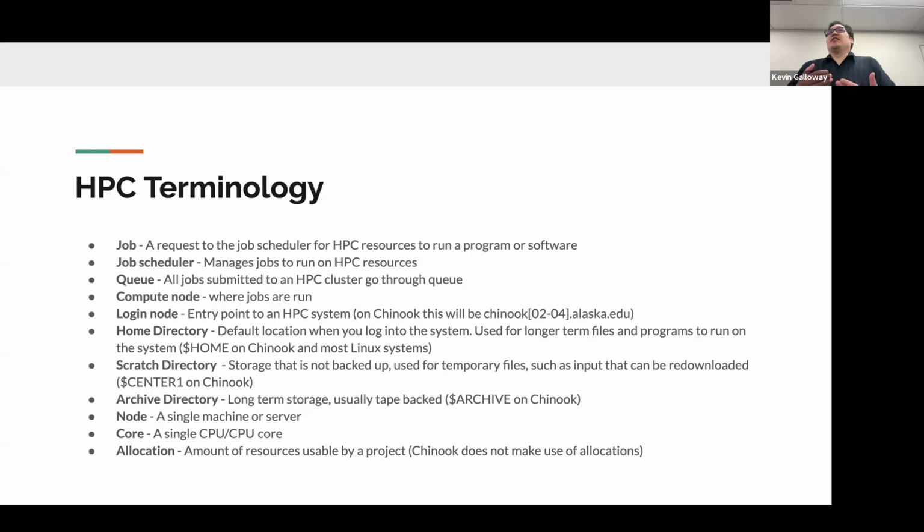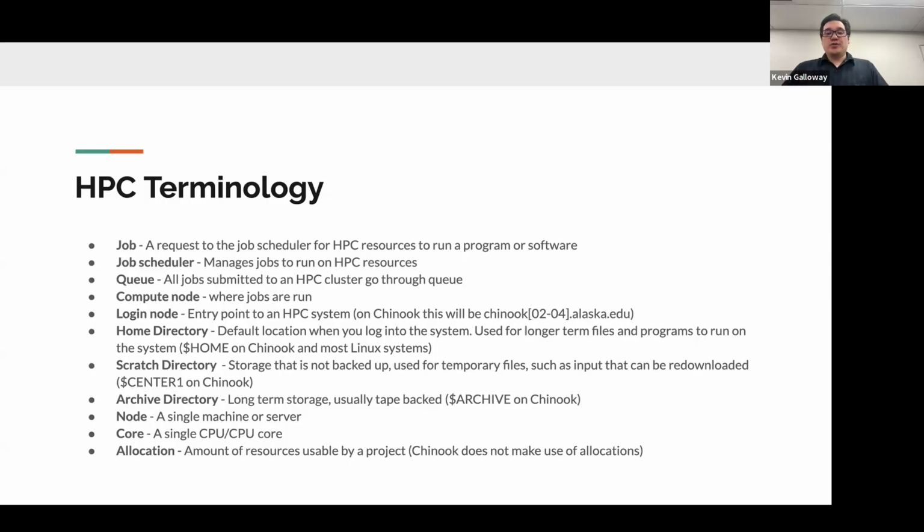This is basically a calculation that takes into account the number of CPUs, the number of GPUs, amount of memory, just the amount of resources that you're using. Each time you run your program, it will use some amount of core hours. And when you hit zero, you won't be able to run on their HPC system anymore, and you have to re-up your allocation.